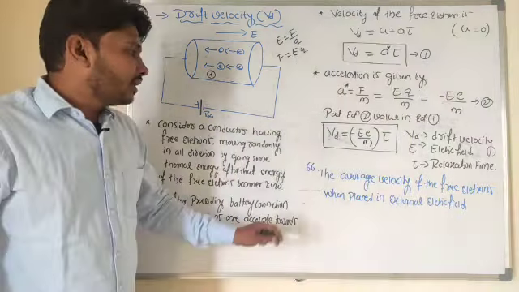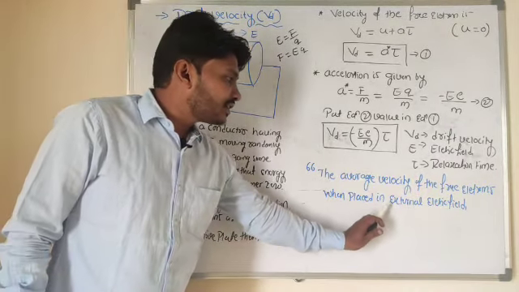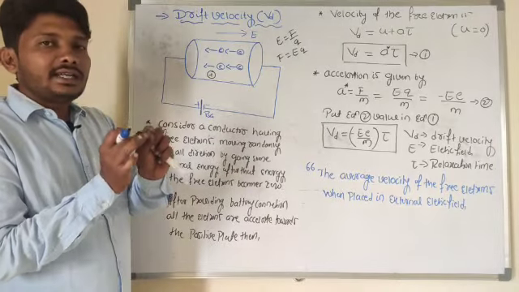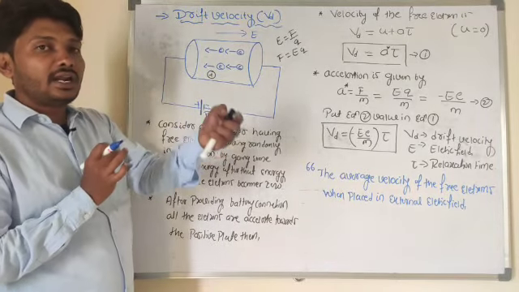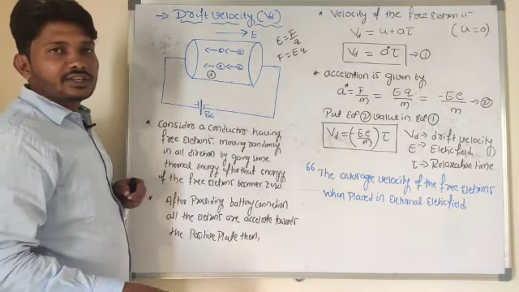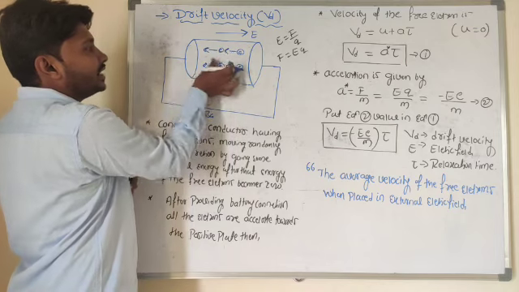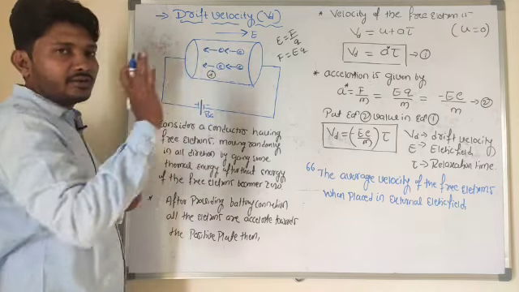So look here, the average velocity of the free electrons when placed in external electric field, these electrons are moving opposite to the direction of external electric field. So this is the direction of external electric field, and this is the direction of the electron. In which direction are electrons moving? Opposite to the direction of external electric field.